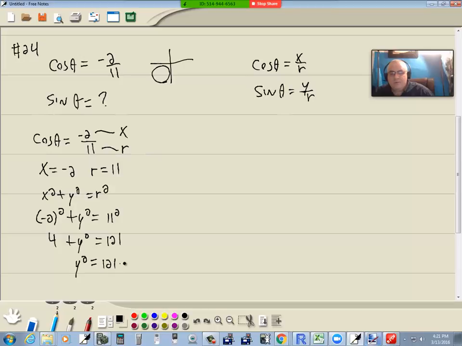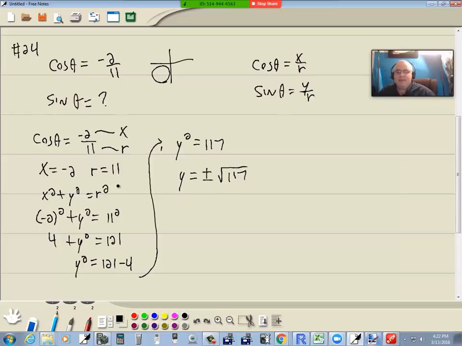Take the 4 over and it becomes a -4. That seems pretty bizarre. Y squared is equal to 117. So we get y is equal to plus or minus square root of 117.